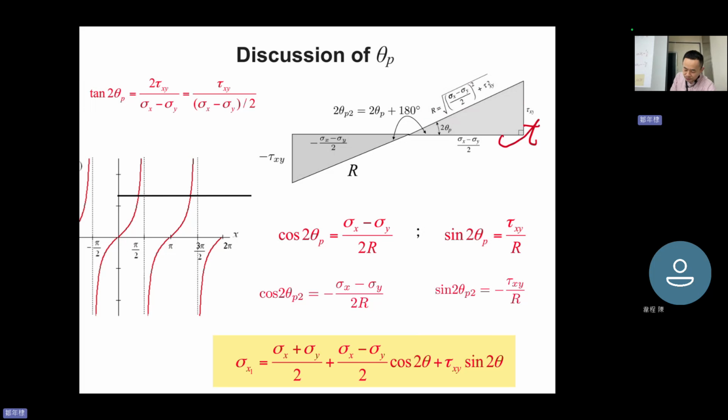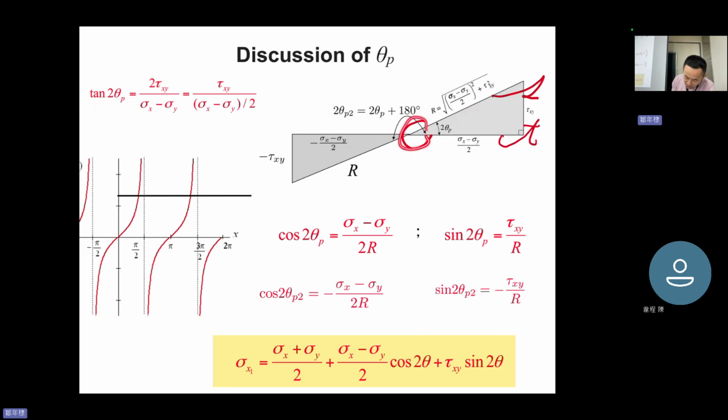So your cosine 2 theta p will be equal to this, right? And your sine 2 theta p equal to that. Hey, do you know what I'm drawing? Everyone knows what I'm drawing, right? That's how I learned, how I memorized cosine and sine in my senior high school. I believe you too, right? Okay.